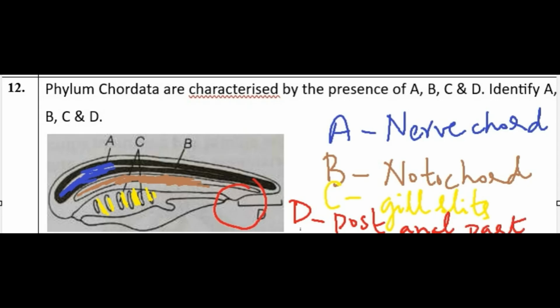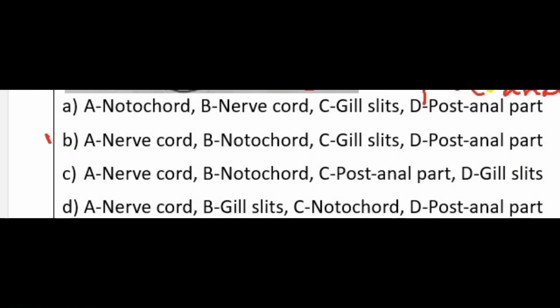So that will be the answer. There should be an option which involves A, nerve cord, B, notochord, C, pharyngeal gill slits, and D, post-anal part. Answer is option B. A, nerve cord, B, notochord, C, gill slits, and D, post-anal part.